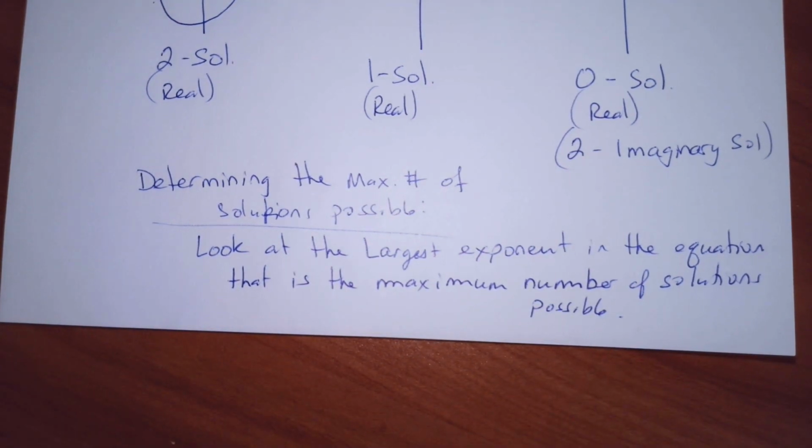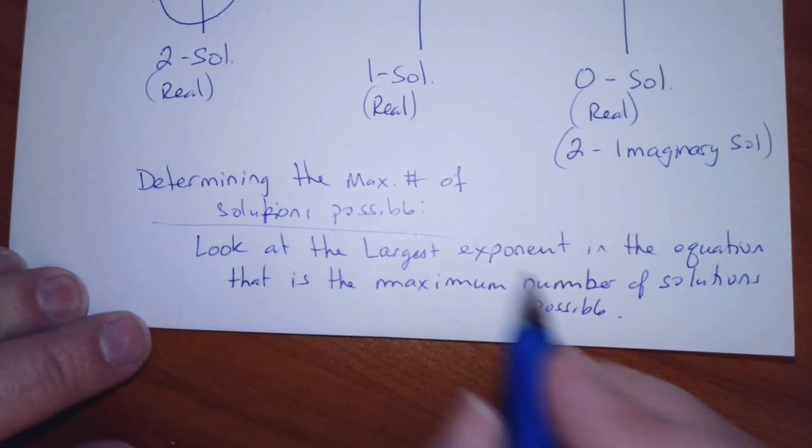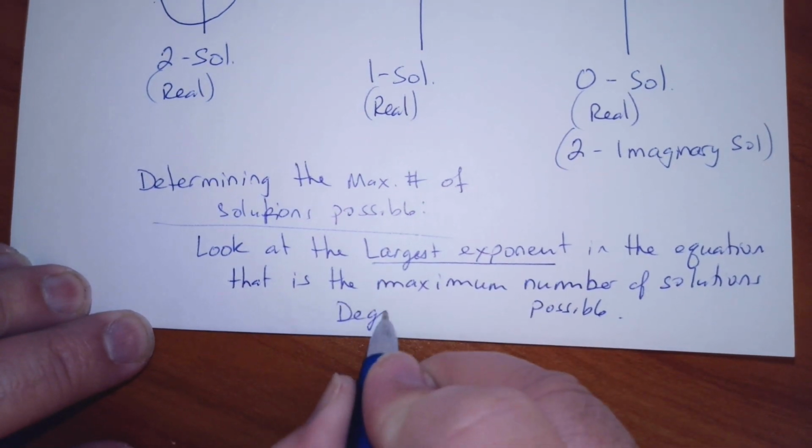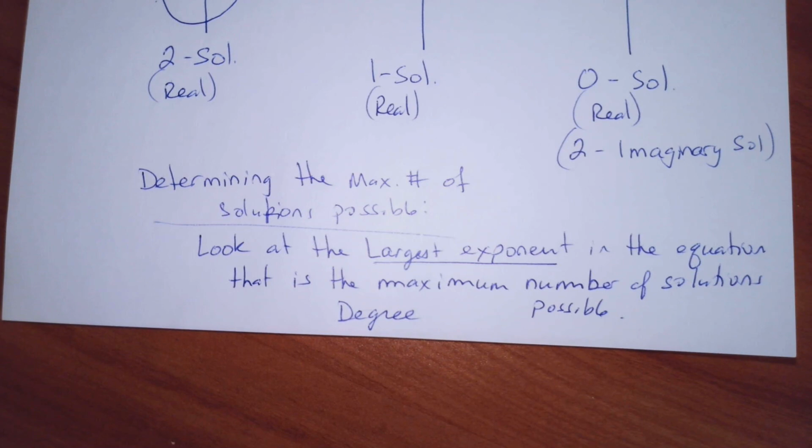So when you look at an equation, any type of equation, looking at the highest exponent, the largest exponent, will tell you how many solutions we can have, maximum. The largest exponent is also called the degree of the equation.